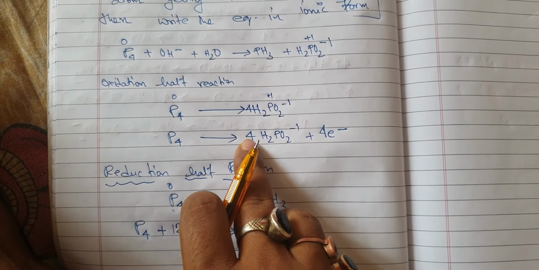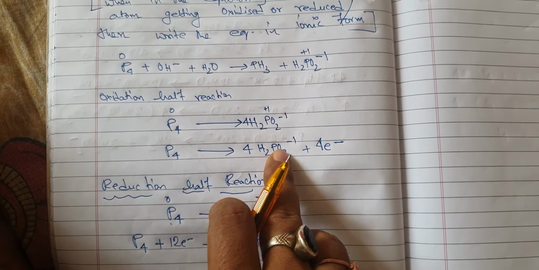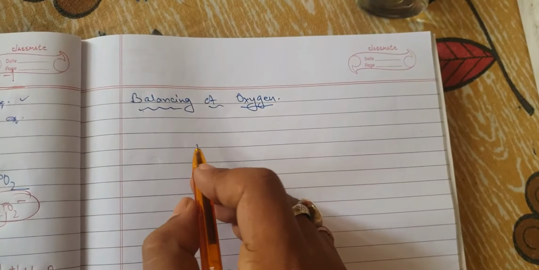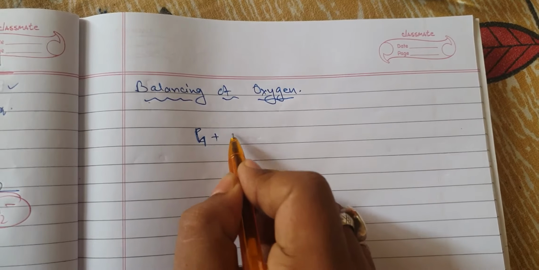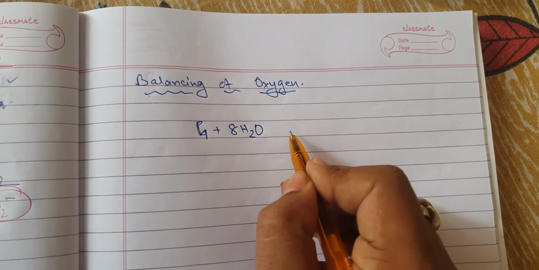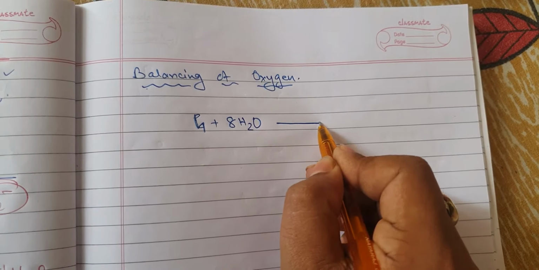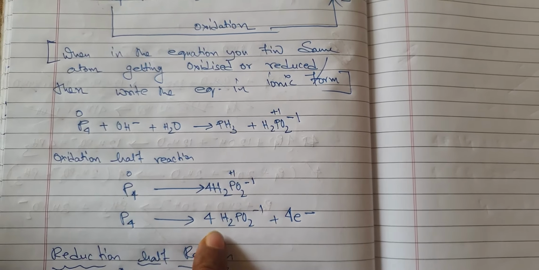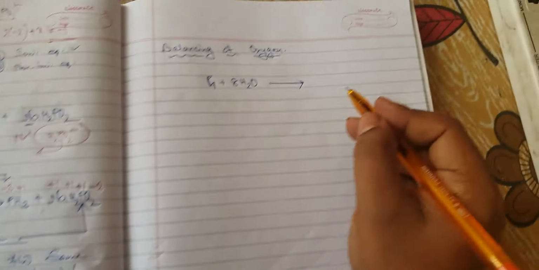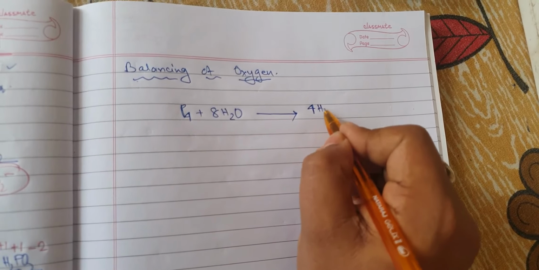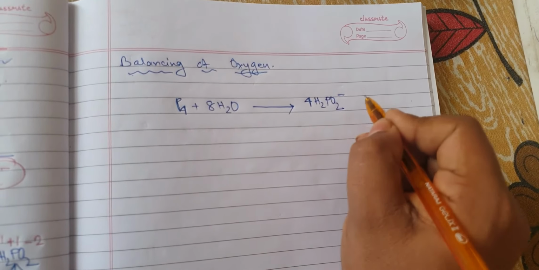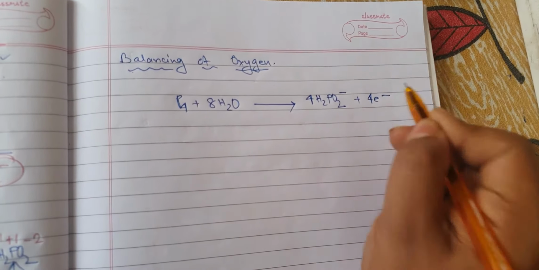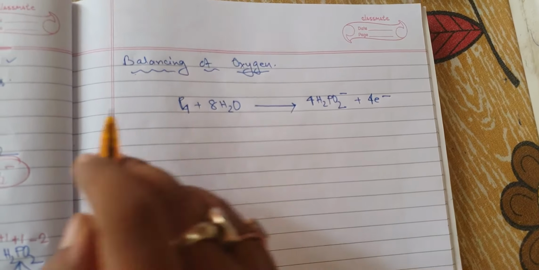So 4 twos are 8 oxygen. So you have to add 8 H2O. So P4 plus 8 H2O gives 4 H2PO2 minus plus 4 electrons, because 4 twos are 8 oxygen.